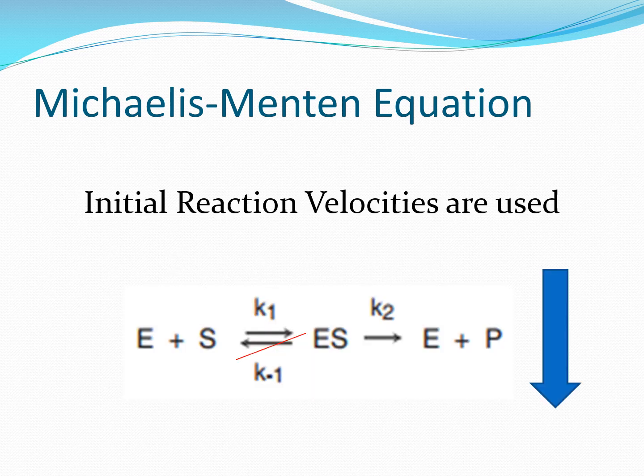And this third assumption, your initial reaction velocities are used because it is assumed that your enzyme plus product side of the equation would be so much lower than your initial reaction velocities and thus would be negligible as well.